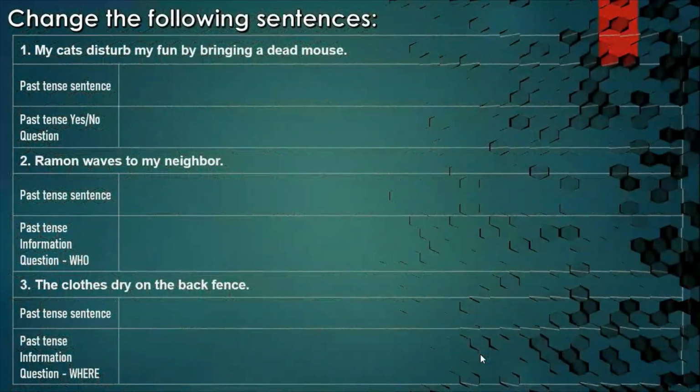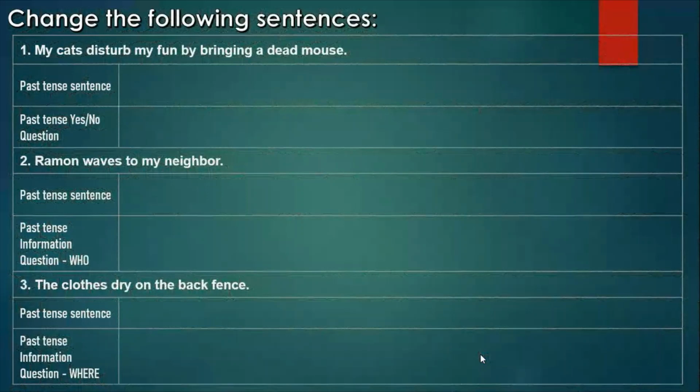It's going to have probably a couple more sentences, but it tells you exactly what you need to do. I'm giving you a sentence, and then asking you to make it into a past tense sentence, and then convert it into a yes and no question. And so on. When you finish, just put it back on Canvas for us.